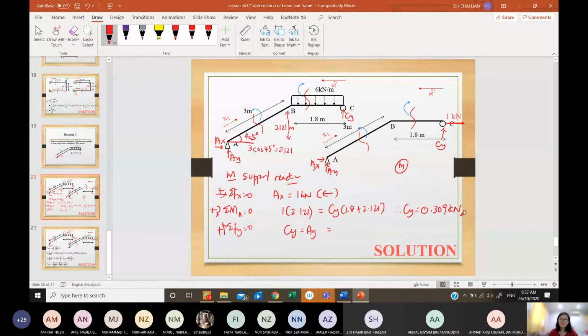Do you get your CY for your virtual structure like this? 0.309, right? 2.1 divided by 1.8 plus 2.121, 0.554, 0.541.